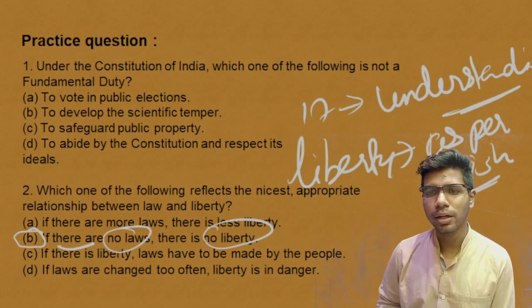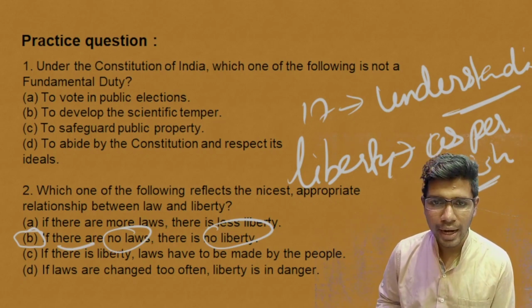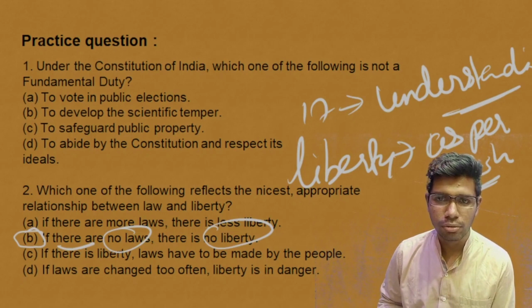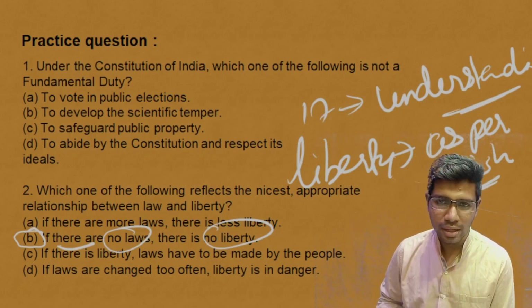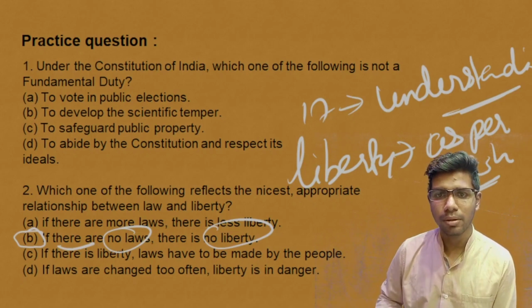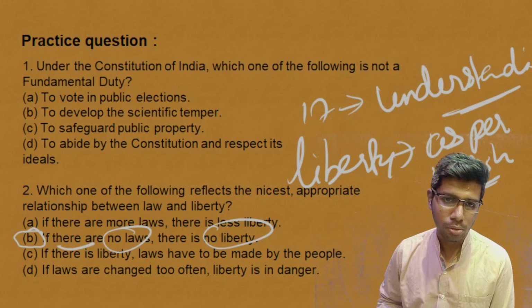I might go and slap someone, I might even kill someone. Now that leads to what? That leads to violation of the liberty of the other person. My liberty will go on to no limits if there are no laws.